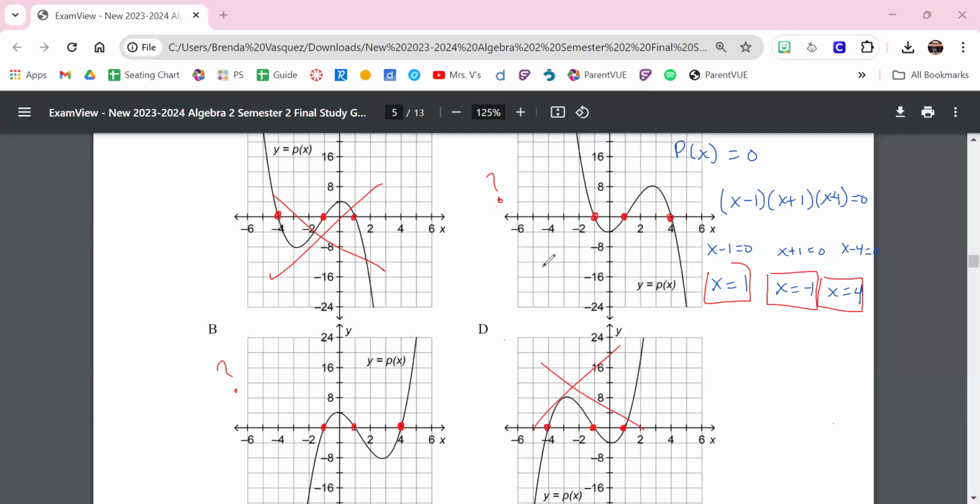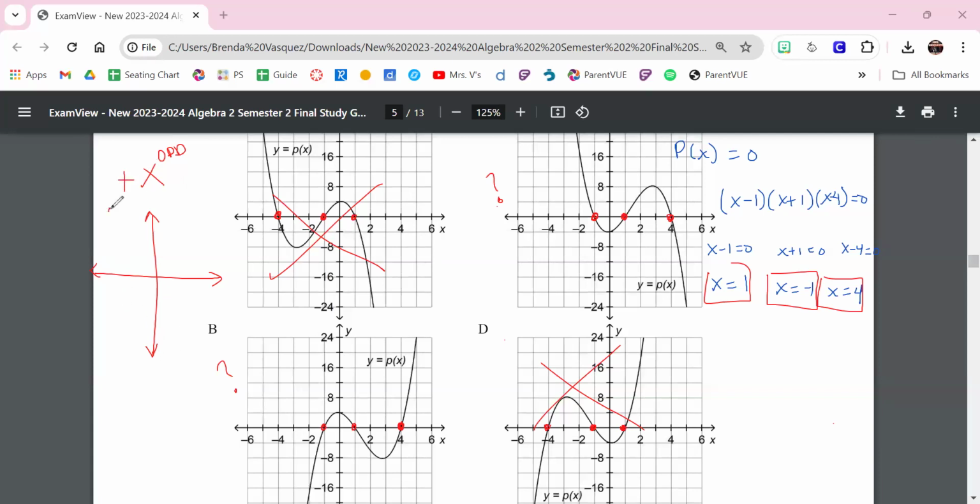Now we have to determine, again, the leading coefficient. What do you guys think the leading coefficient is going to be here? Positive or negative? Whenever it's negative, it has a negative sign outside. Is there a negative sign outside? No, so this one has to be positive. So it has to follow the behavior of x to an odd power, because we have 3 factors, meaning x times x times x, which is x to the power of 3, with a positive leading coefficient.